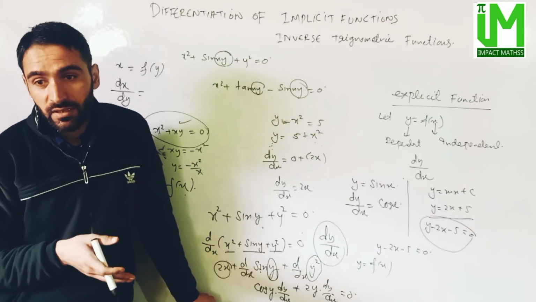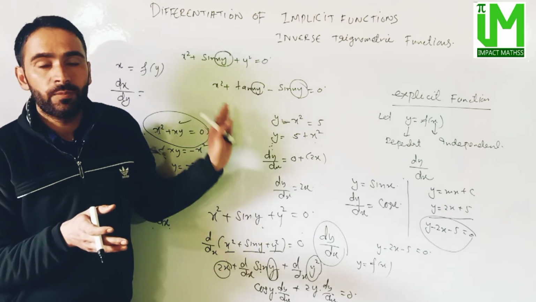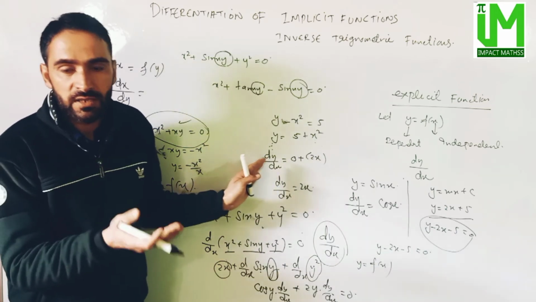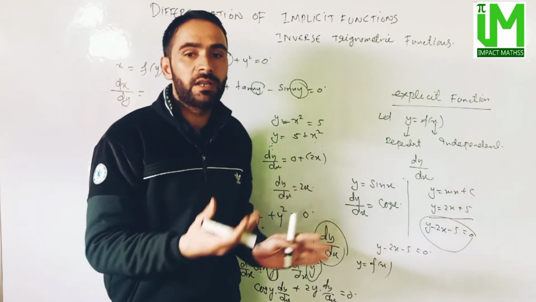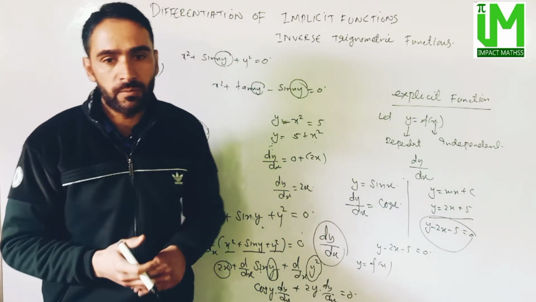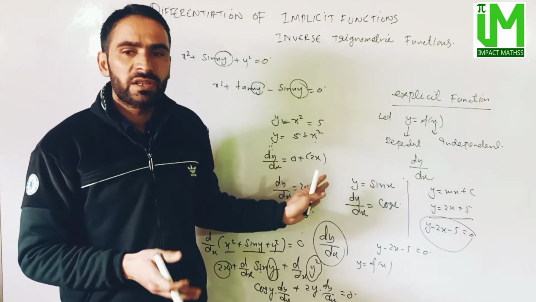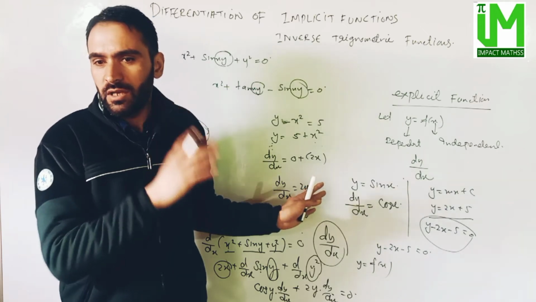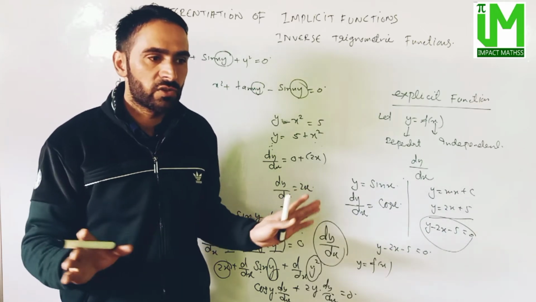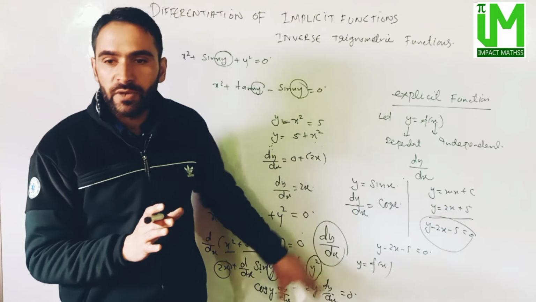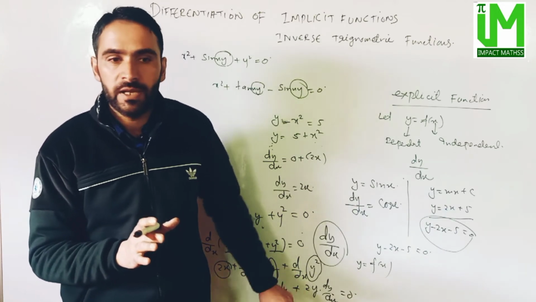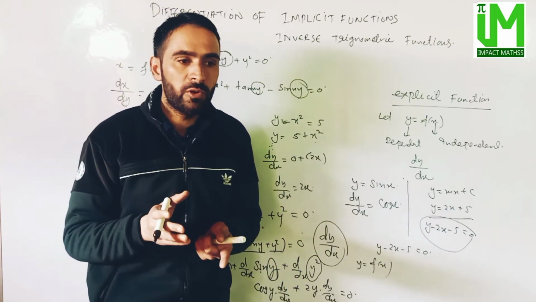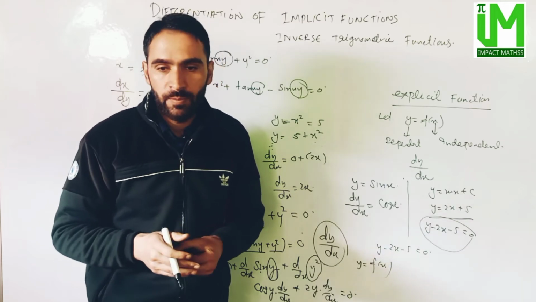If it is possible, guys, to separate the dependent variable from the independent variable, then we should do so. But that procedure will be a bit lengthy, so there is no need to waste time. We can directly differentiate, treating one of the variables as the dependent variable and the other one as the independent variable.